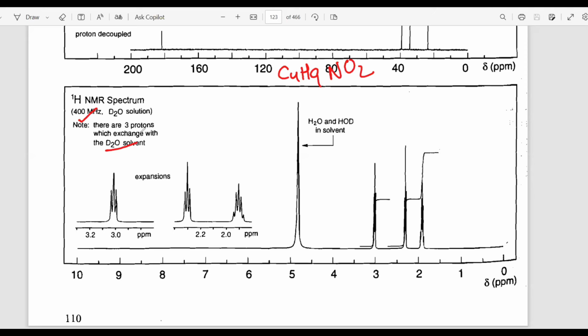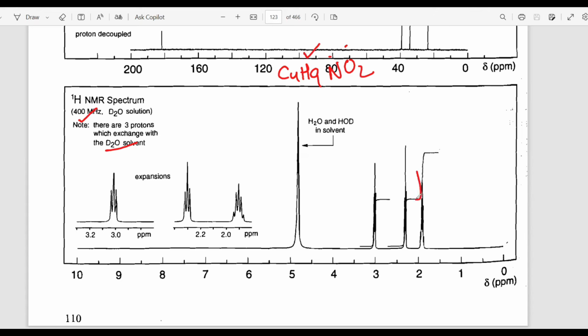So there are 3 protons in this compound which are connected directly with a heteroatom. Now 2 types of heteroatom are present in this compound, one is nitrogen, the other one is oxygen. So it means the 3 protons will be connected directly with nitrogen and oxygen.